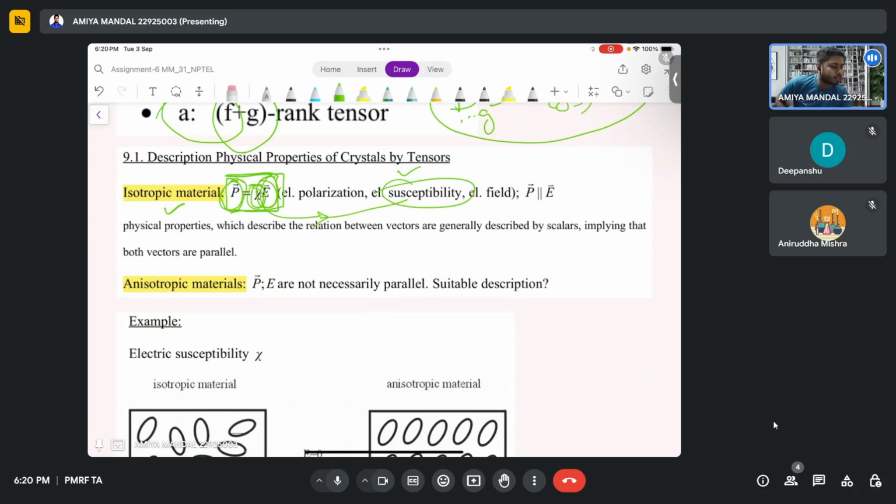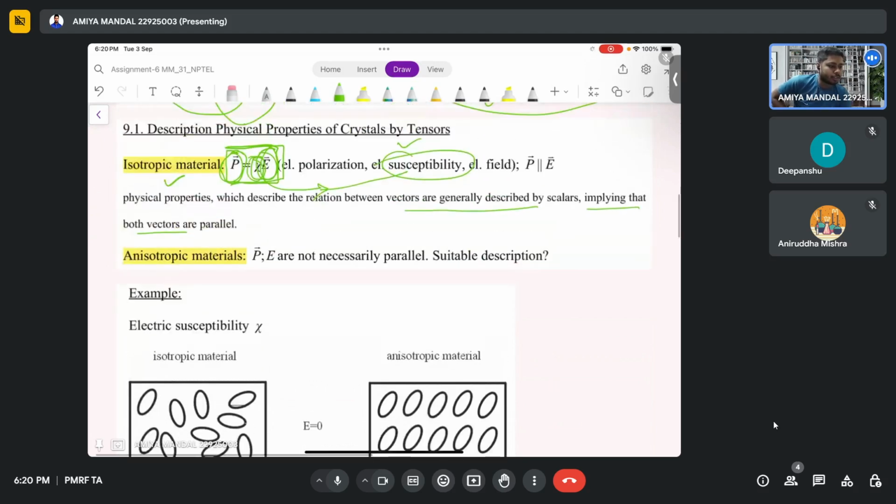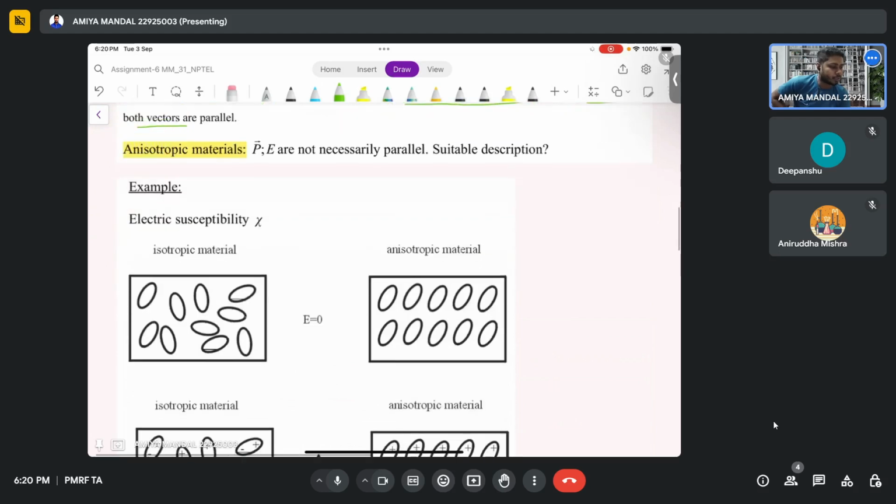This is a relation between vectors generally described by scalars, implying that both vectors are parallel. So this is the case of isotropic material, where E and P are parallel to each other.